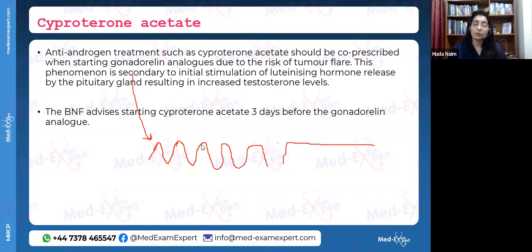Okay, but what would happen is that in the first phase, where there would be the first spike of the gonadotropin releasing hormone, this is the time you want to buffer, right? So in order to buffer the effect of these gonadorelin analogs, you would be giving them cyproterone acetate, which is the anti-androgen.